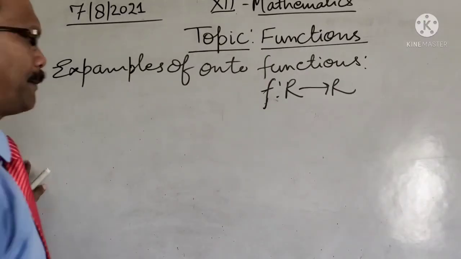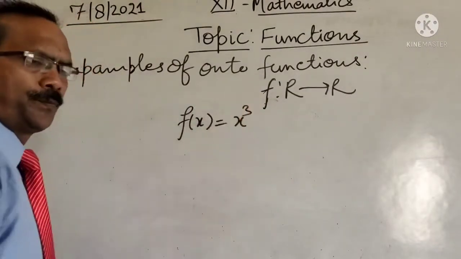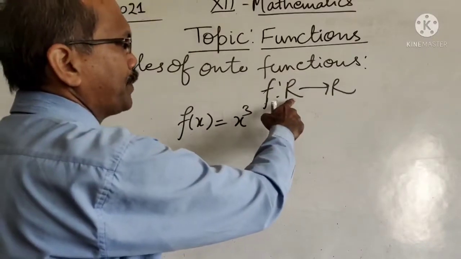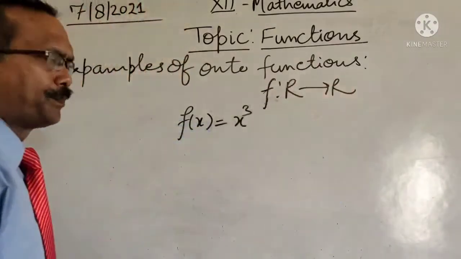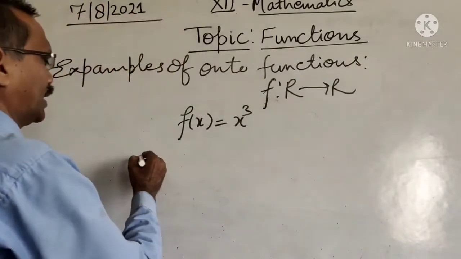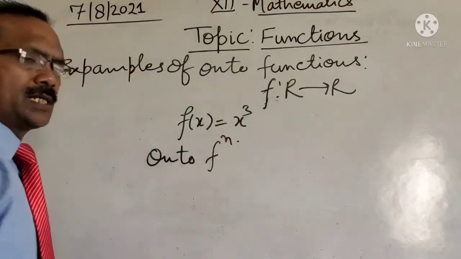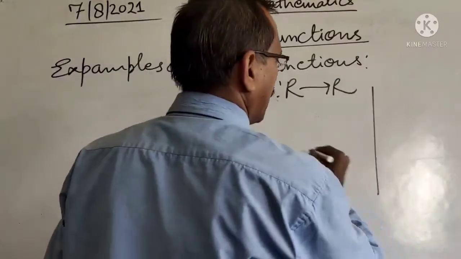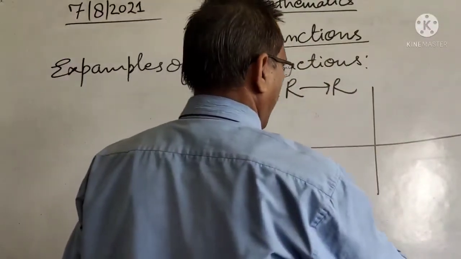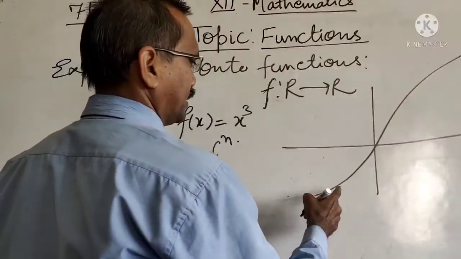There is another example. If f(x) = x cube and f is defined from real to real, then this function is also an onto function, since this function is also defined for every value of x.